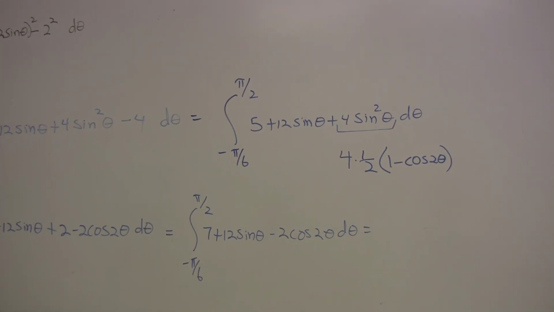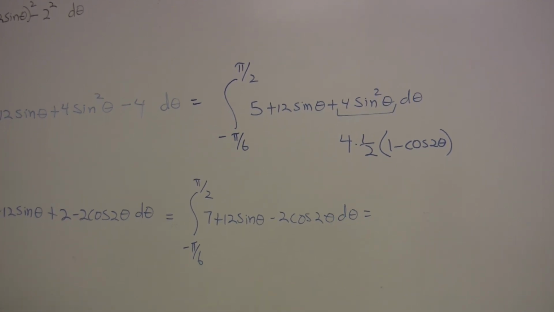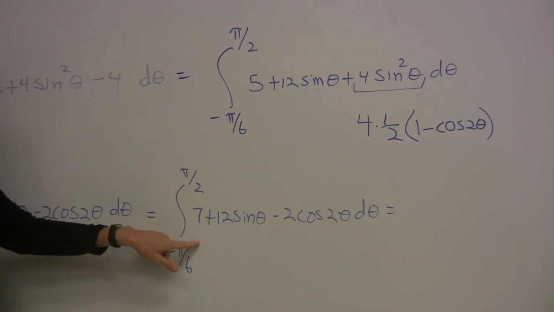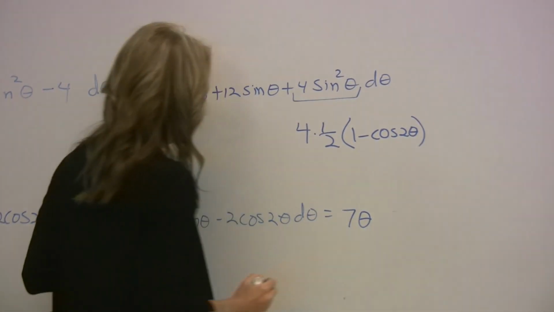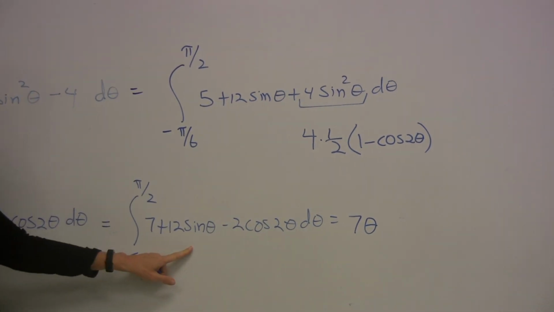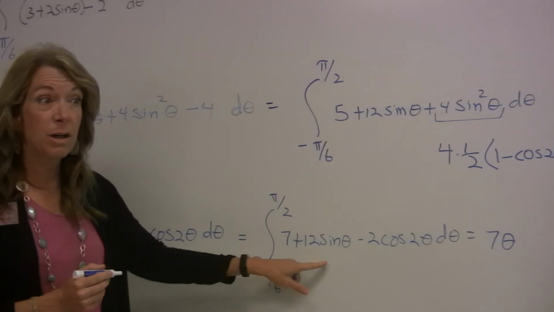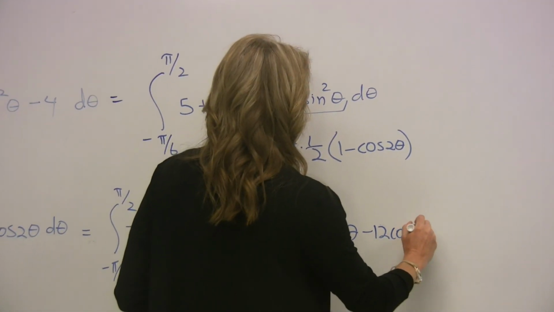Now we can integrate. Hopefully. Integral of 7 is 7 theta. Integral of 12 sine theta is negative 12 cosine theta, right, because we're integrating.